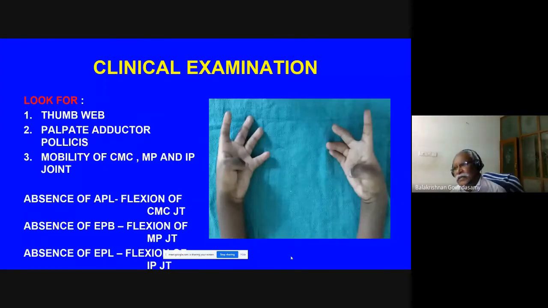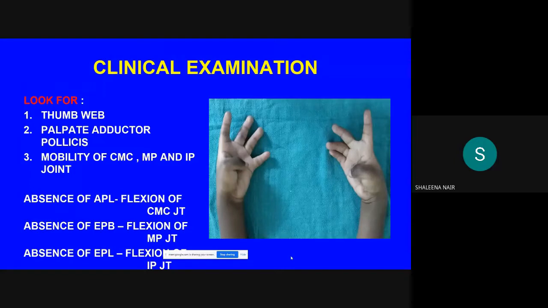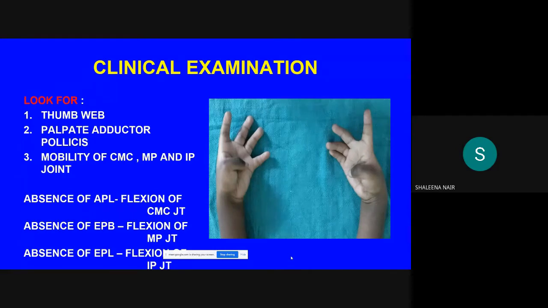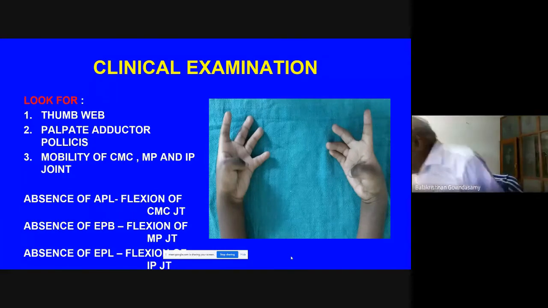What do you mean by augmentation? That will be tendon transfer. Tendon transfer is different from augmentation. Augmentation of the function is one thing you can say, or you must do a tendon transfer. What tendon transfer do you do? Extensor indicis proprius.